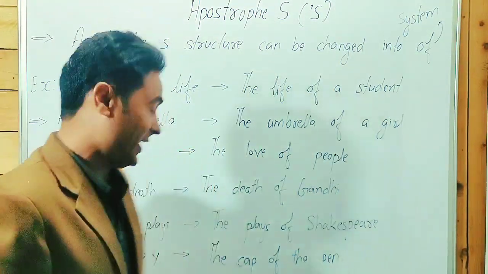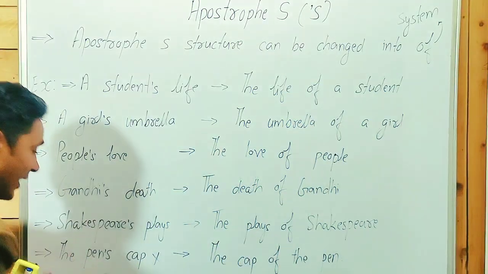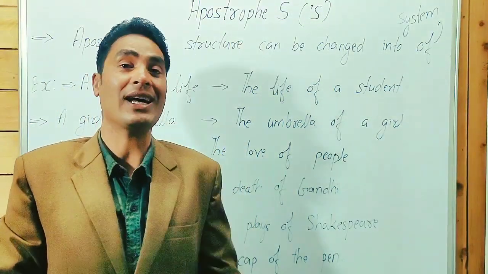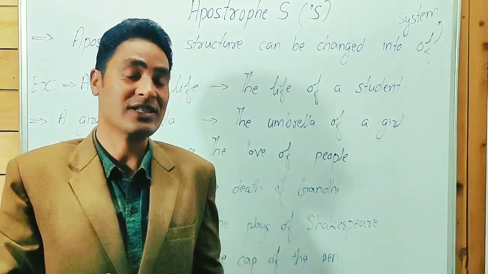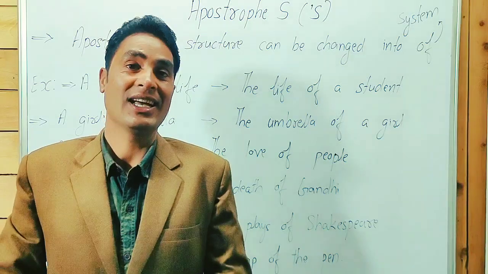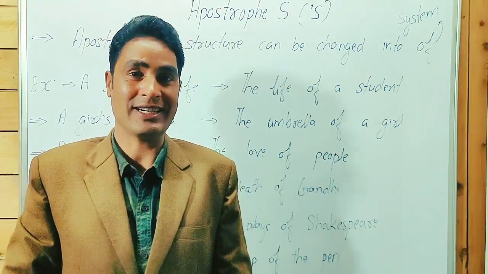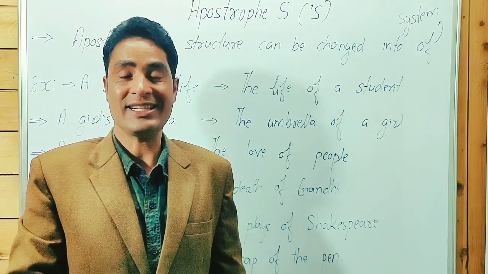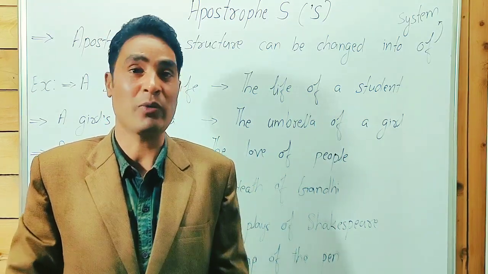Guys, point to be noted. Apostrophe s cannot be used with non-living things. You must have noticed in the last slide we learned some examples like nature's laws, India's population, and today's news. India, nature, and today are not human beings.